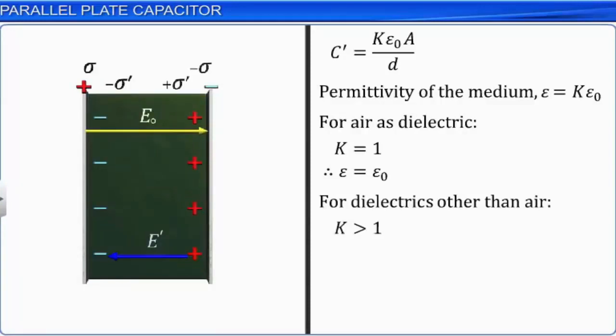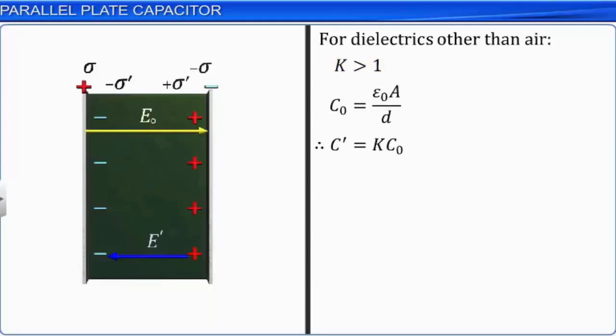The dielectric constant K of the medium is defined as the ratio of the permittivity of the medium epsilon to the permittivity of the free space epsilon naught. We know that C naught is equal to epsilon naught A by D. Hence, we can write C dash is equal to K C naught. Since K is greater than 1 for any medium other than air, we have C dash greater than C naught.